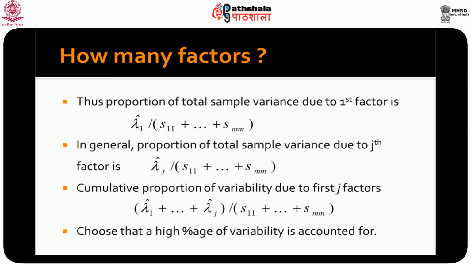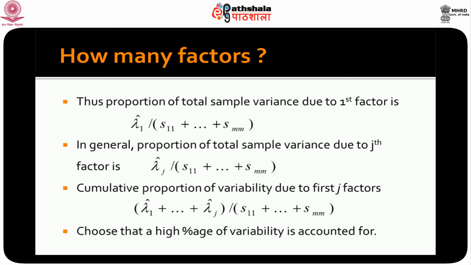So in general, the proportion of variability explained by the jth factor would be lambda j hat divided by the sum of the variances of x, and this gives us an idea of the contribution to the total variability by the factor j. And if we add this up, the contribution of the first factor, the second factor, etc., and if this contribution to the variability becomes very high, say 90% or 95%, then we stop.